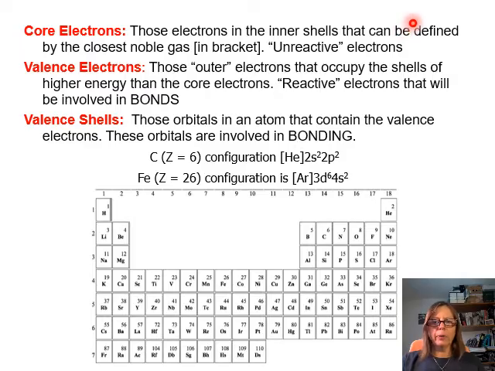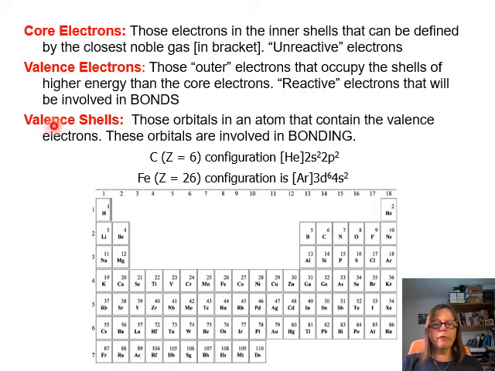When looking at a particular element in the periodic table, its core electrons are those in the inner shells closest to the nucleus, and we have defined them by the closest noble gas written in brackets when we wrote configurations. These electrons are buried and unreactive. They will not form bonds.